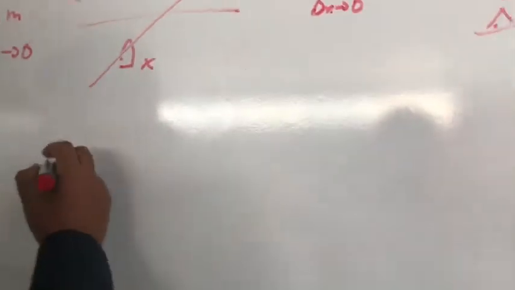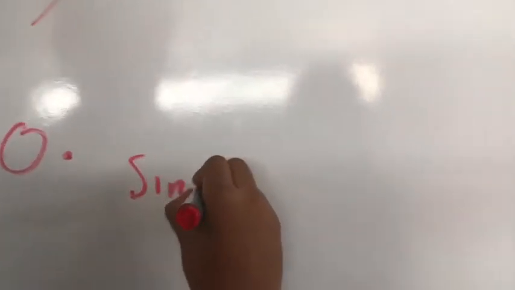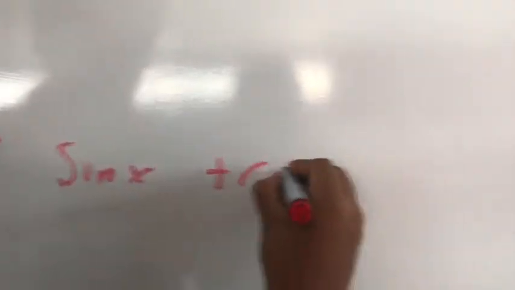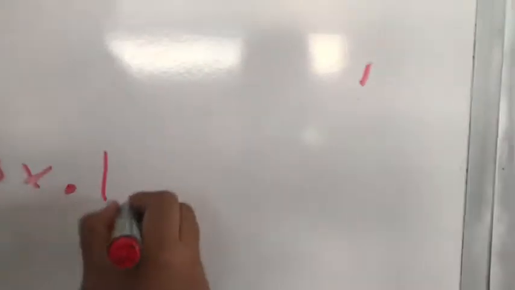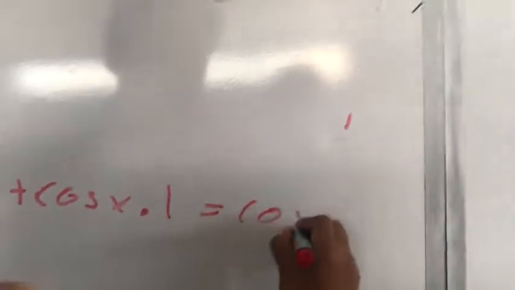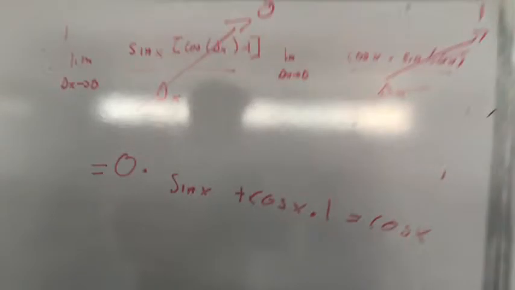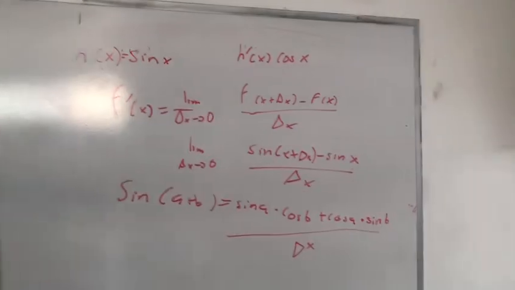And now we can say that 0 times the sine of x plus the cosine of x times 1 is equal to cosine of x. And this is how it gives us the result.